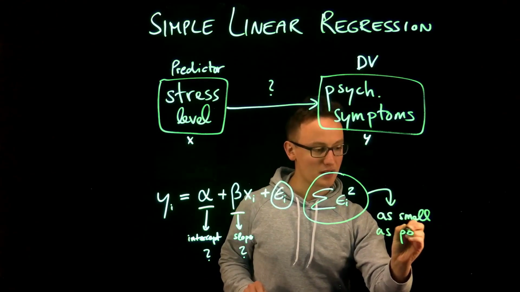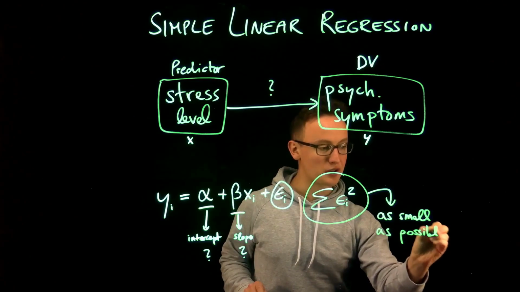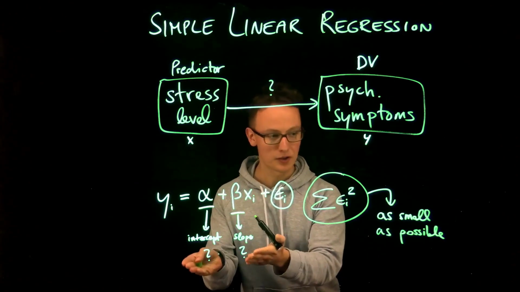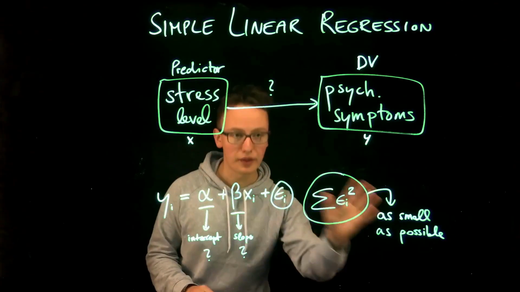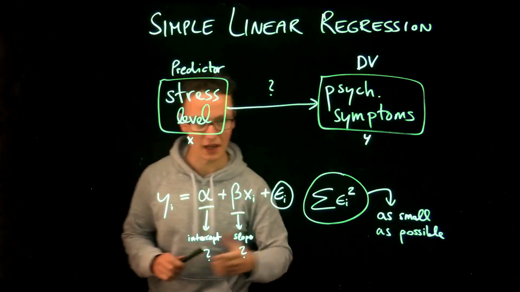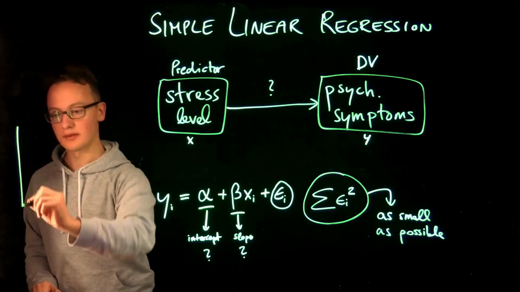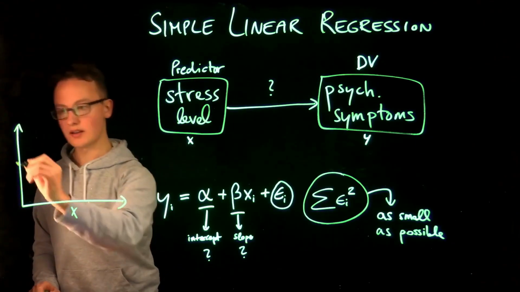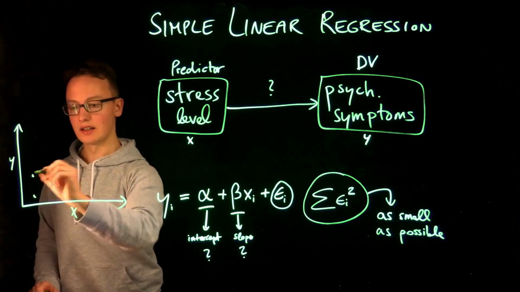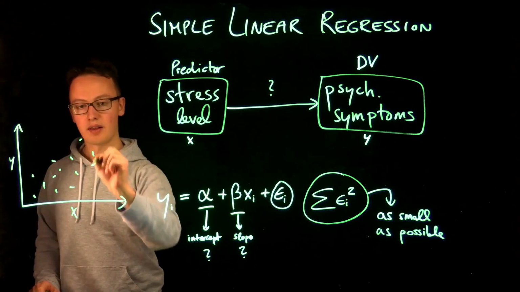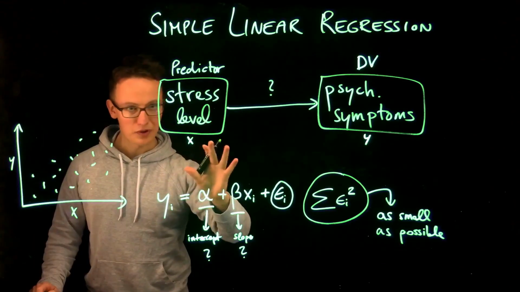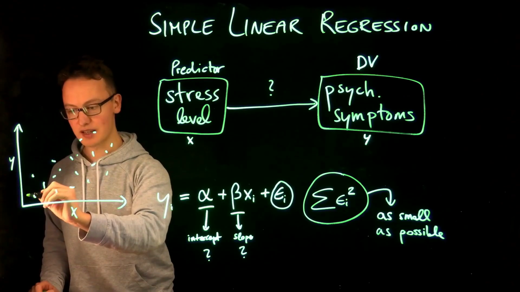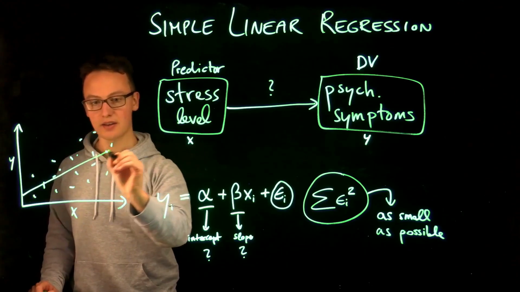In other words, the amount of variance left unexplained by the model should be as small as possible. All this is another way of saying that if we plot this visually with our variable x here and our variable y here, and these are all the data points we have collected, we want to find the best fitting line that goes through these points. So maybe here the best fitting line looks like this.